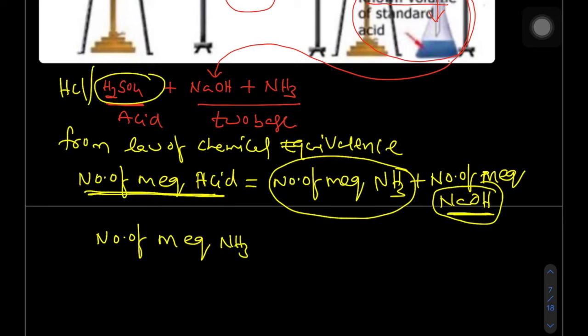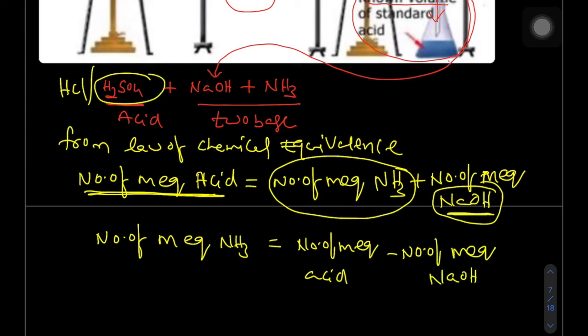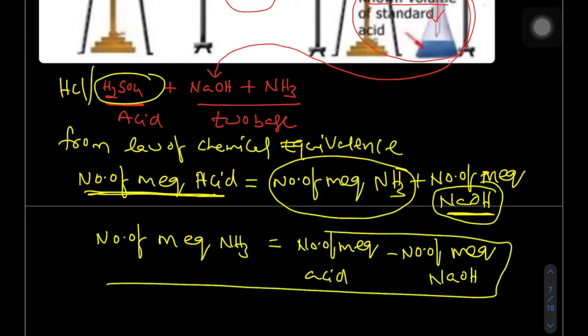Let's suppose number of milliequivalents of ammonia is equal to number of milliequivalents of acid minus number of milliequivalents of base. This is a very important step.